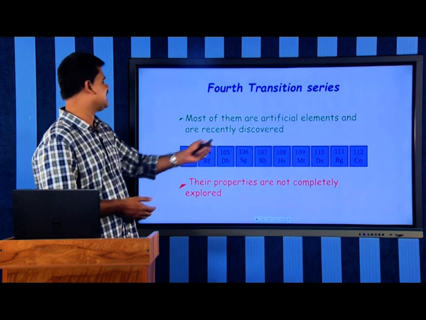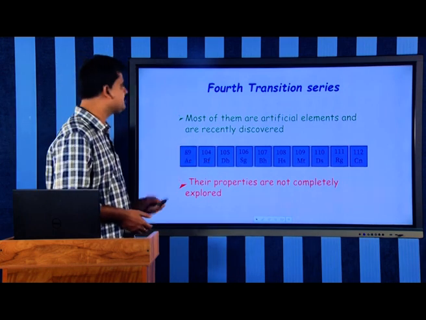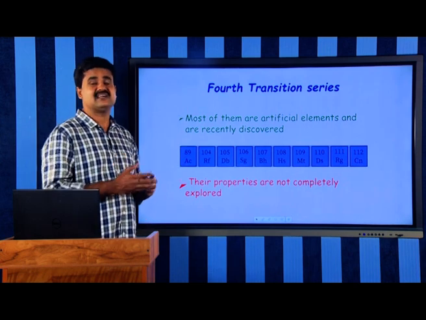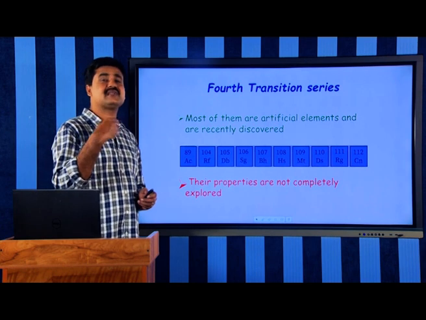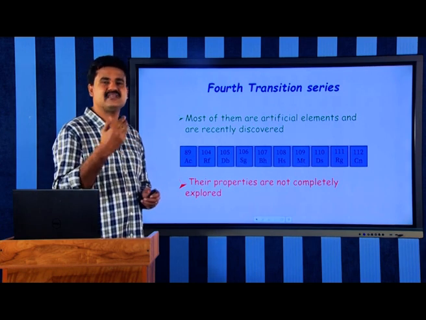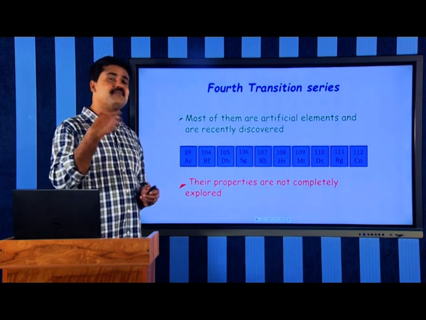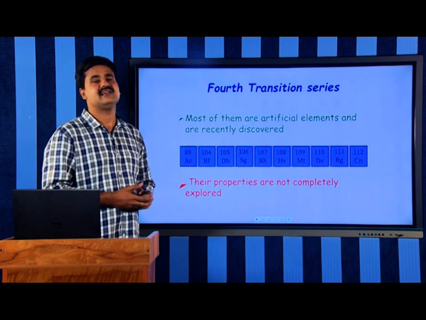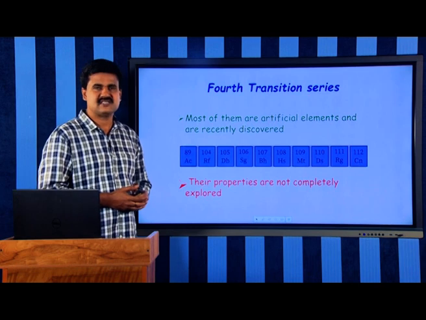These elements from actinium to copernicium constitute the fourth series. Since most of the elements are very new, their properties are not explored completely. That is, we have to focus on the complete chemical as well as physical properties of the newly discovered elements of the fourth transition series.